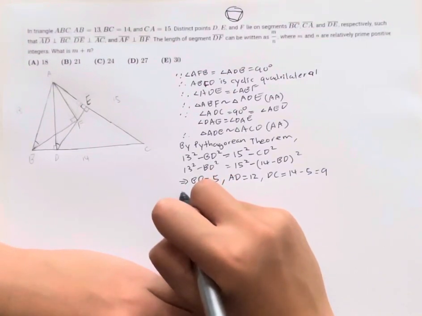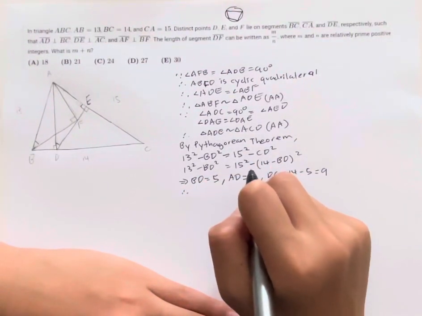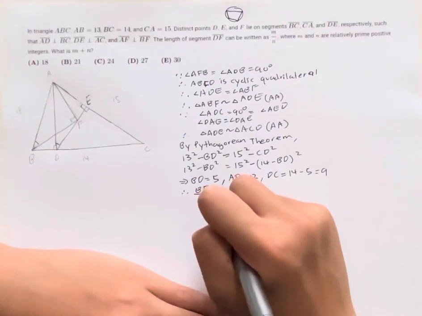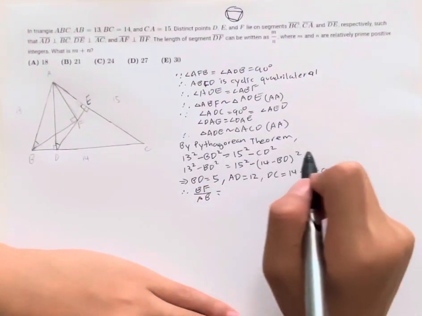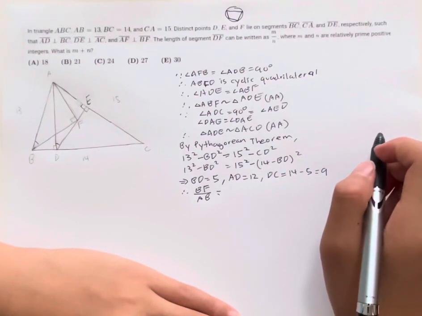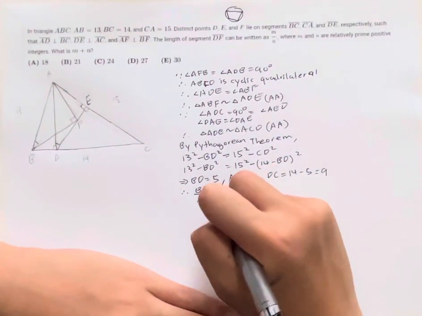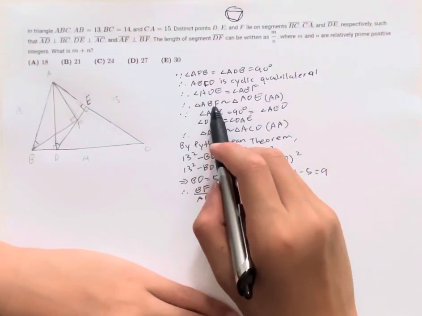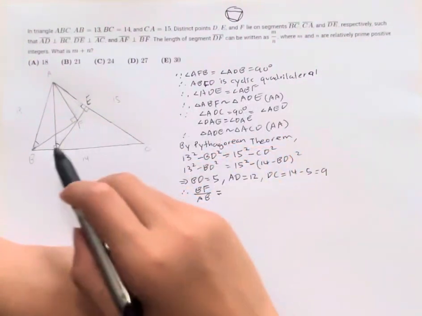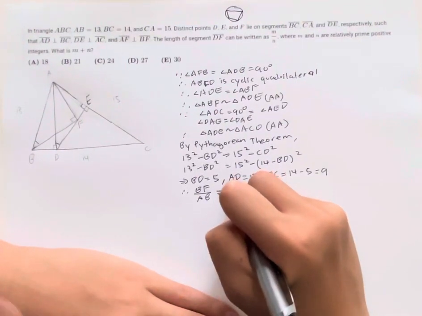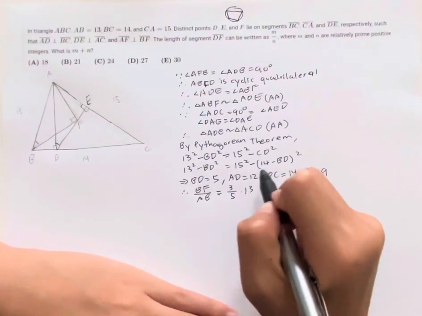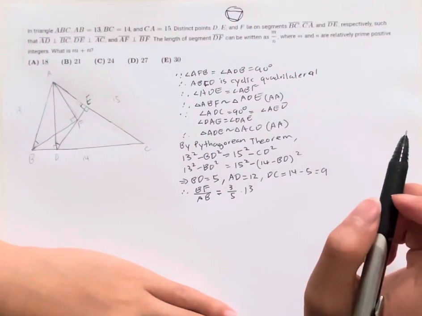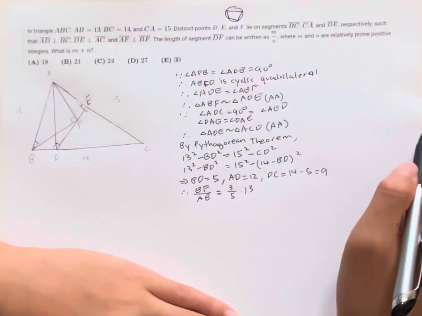So then we can get that BF to AB will actually equal 3 over 5 times 13, because we can get that the shorter leg will be in the ratio of 3 to 5.